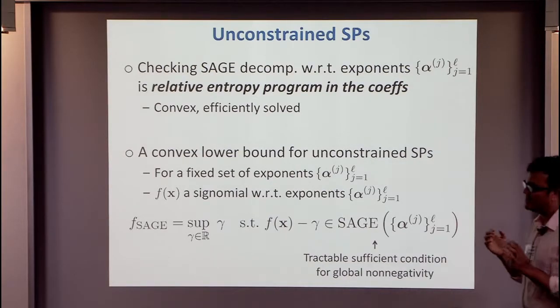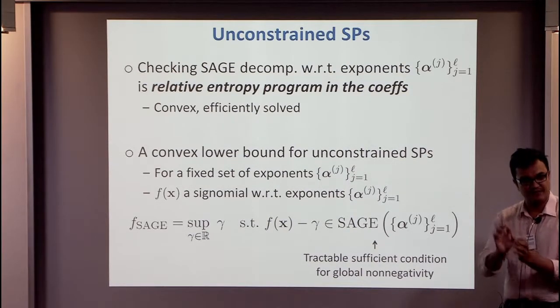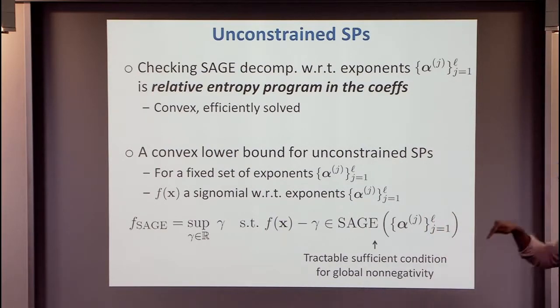Certainly sum of squares gives more concise proofs for non-negativity of certain polynomials that SAGE does not. But there are equally examples where this will give a more concise proof than sum of squares. Ignore the degree bounds of the proof system. Even for checking polynomials are non-negative, you have to go to rational functions sometimes.